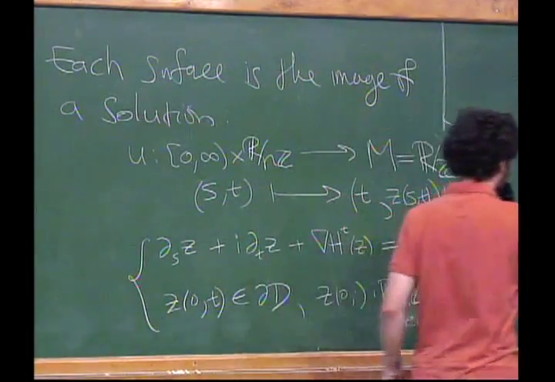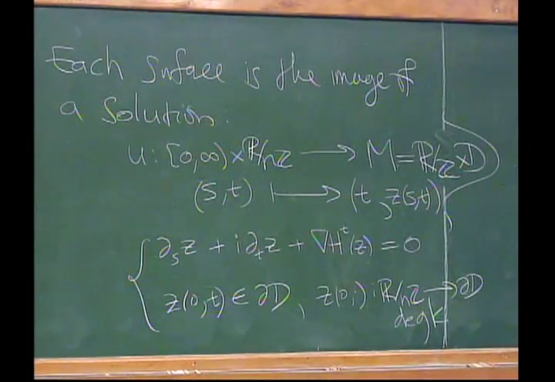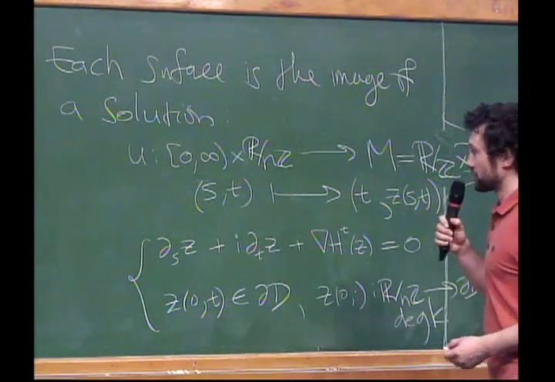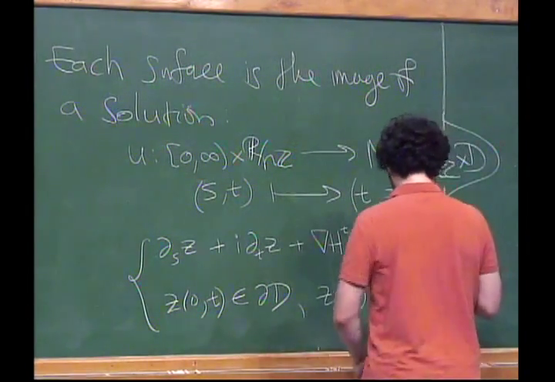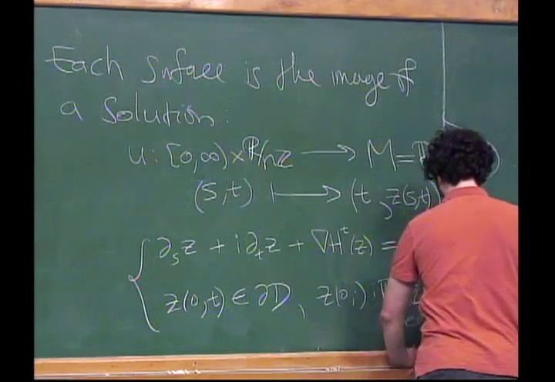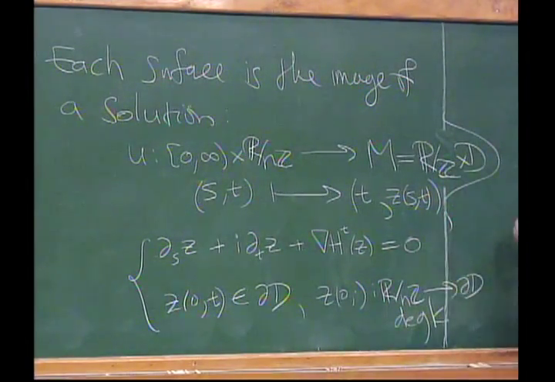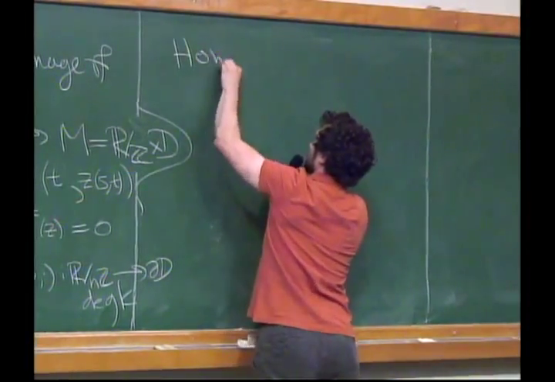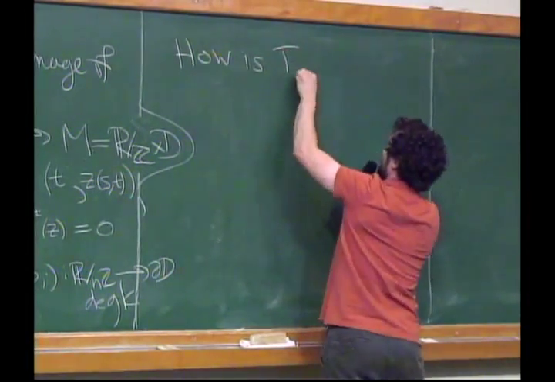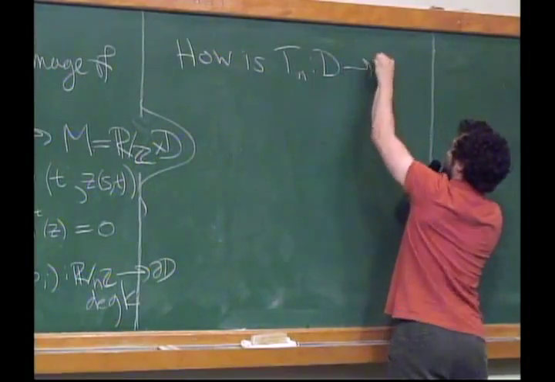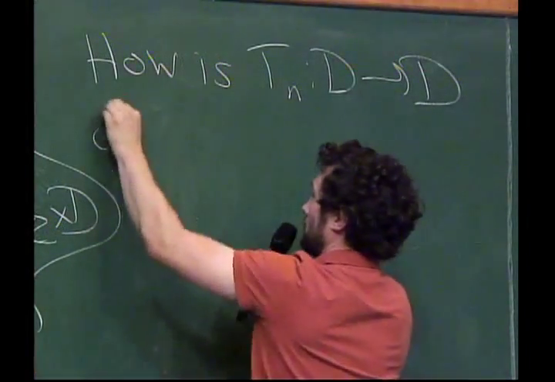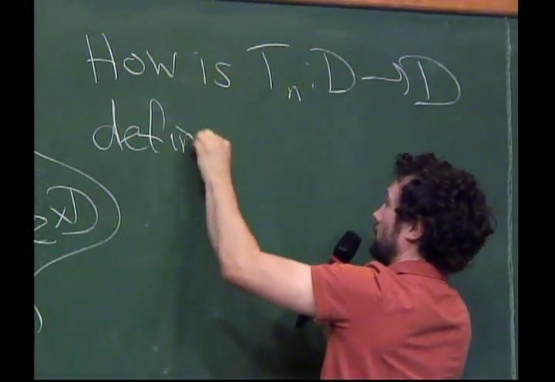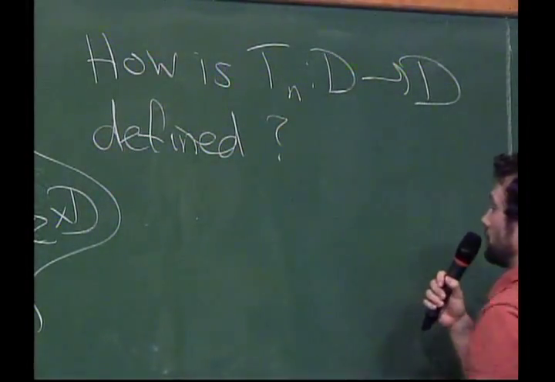Anyway, now if you're given this, you define a new map on the disk, and this is where the T_n comes from. So how is T_n defined?